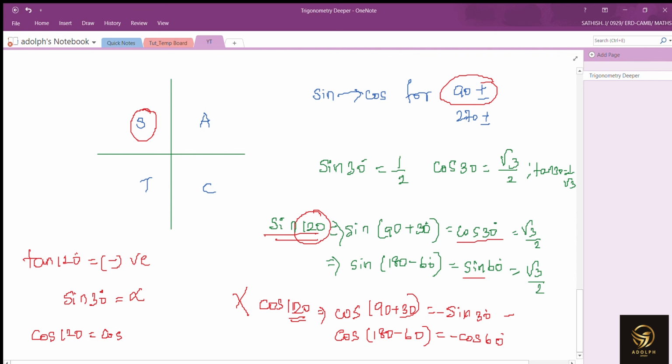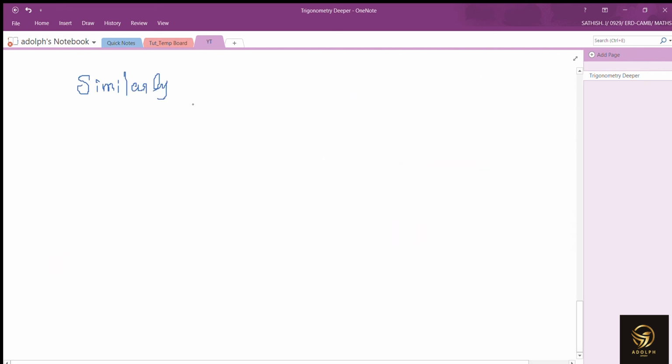Okay, so you can come here: cos 120, cos 90 plus 30, and that is going to be negative sine 30, equals negative alpha, because sine theta can be written as alpha. They gave the replacement. So if you want to write in terms of alpha, you need to know that this 90 plus as well as 180 minus, it depends, so you have to know both the things. Similarly, we will see for the other angles too, I mean other quadrant values too.